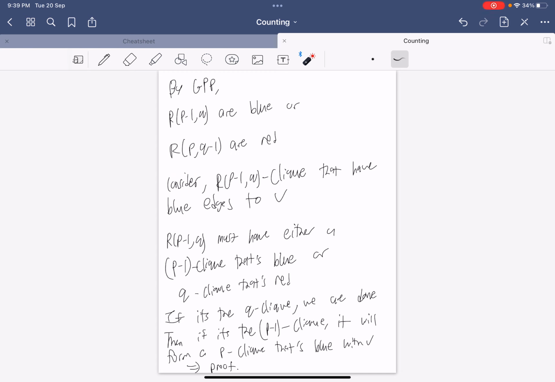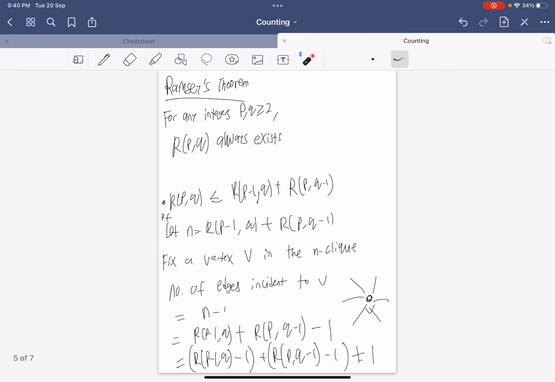So, since the argument is similar, we can just consider one of the cases, and we consider that the R(P-1,Q) clique has all blue edges connecting to V. Well, by the definition of R(P-1,Q), it must have either a P minus 1 clique that is blue or a Q clique that is red. If it has a Q clique that is red, it satisfies the condition that this number has a Q clique that is red.